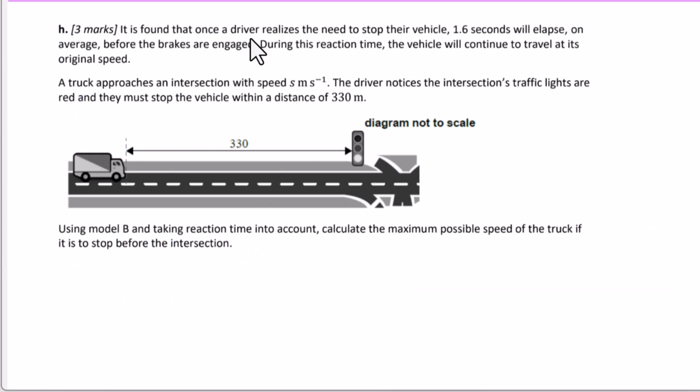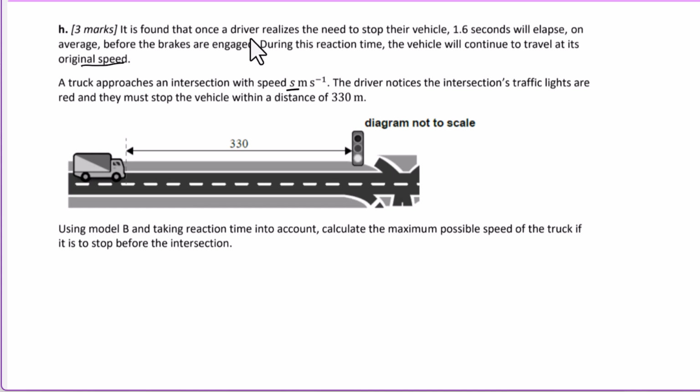Let's go to H. It's found that once a driver realizes the need to stop their vehicle, 1.6 seconds will elapse before the brakes are engaged. During this reaction time, the vehicle will continue to travel at its original speed. A truck approaches an intersection with a speed s.